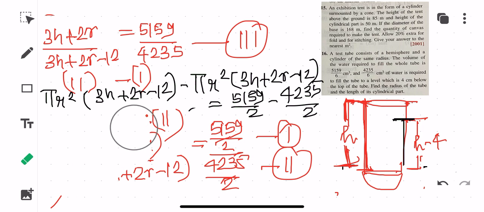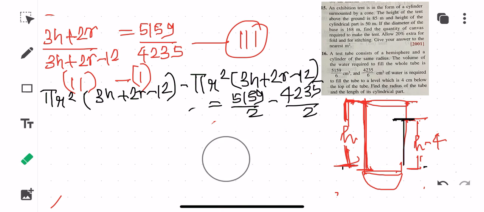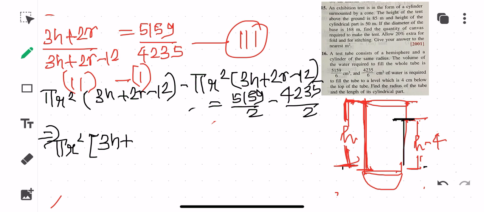So why am I doing this? Because two of the variables are common here. If I take πr² common, what am I left with? I am getting 3h + 2r − 12, and here I am getting −3h − 2r + 12.